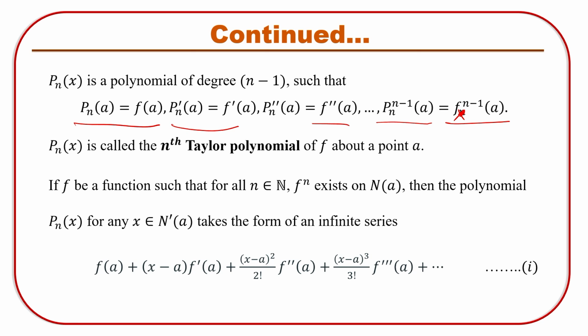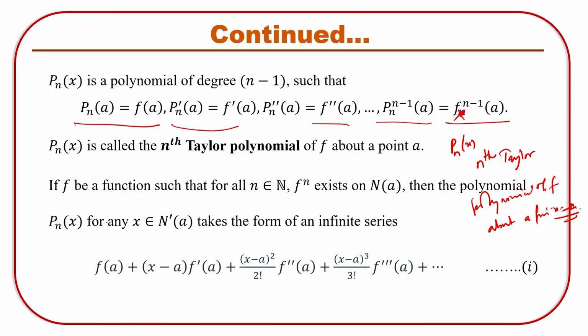So, Pn(x) is called the nth Taylor polynomial of f about a given point A, that is, about the point x equal to A. That is how we constructed our function in two parts. The first part is Pn(x), the second part is the remainder, which contains the terms after the n terms of the series.